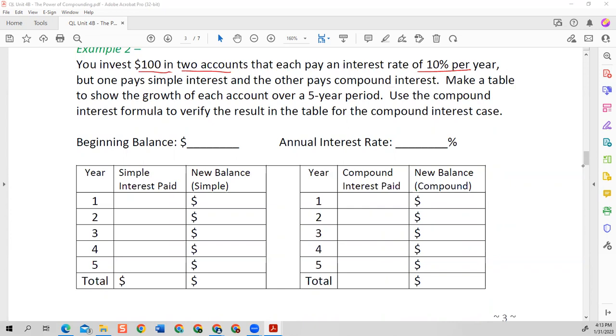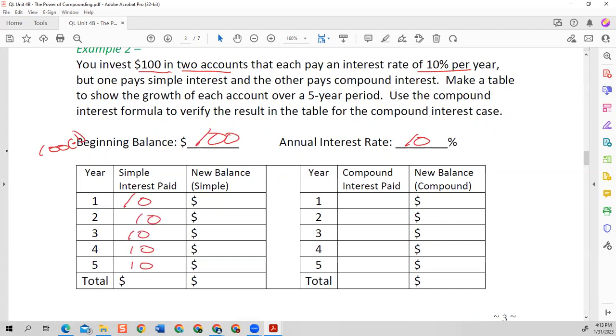let's do this one. Take that $100 right here. So we're going to take the 100, multiply it by 0.1, which is what, 10. So we know it's going to be 10, right?